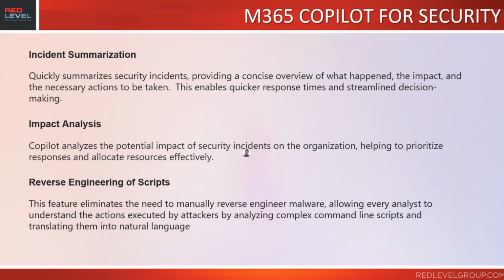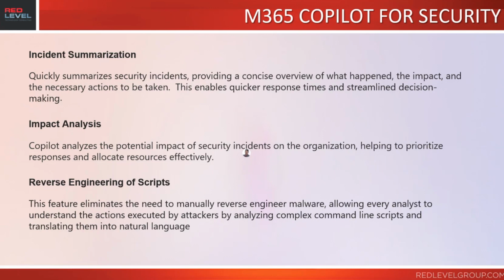So incident summarization is pretty much exactly as it sounds. You come in and you're asking Copilot for a nice summary of any incidents in the area, anything that has popped up in the admin center that you want to be alerted about instantly without having to dig around and find it.